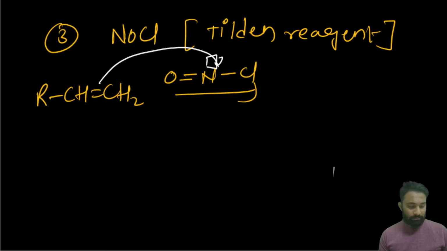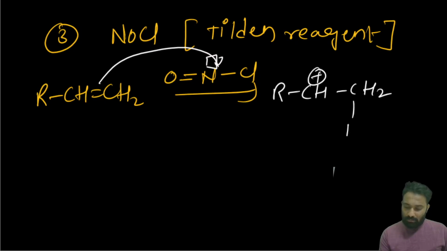Clear? Now what will happen? Again here it will get the carbocation. Now here the nitrogen has a lone pair of electrons. Again this nitrogen lone pair will form the 3-membered cyclic transition state.